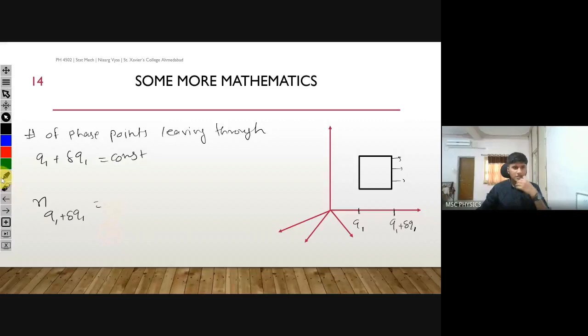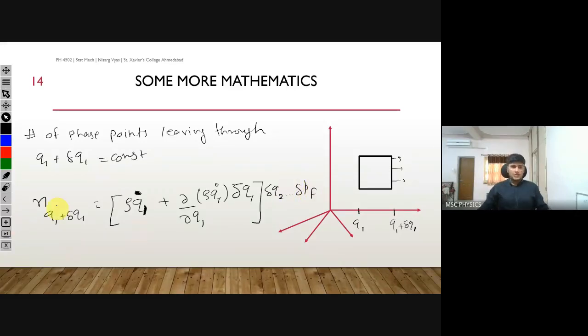Okay, and this number of phase points leaving through this area is n of q1 plus delta q1, and it is going to be equal to rho q1 dot plus del by del q1 of rho q1 dot delta q1, into delta q2 up to delta pf.